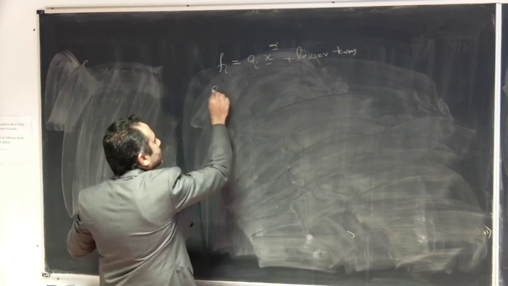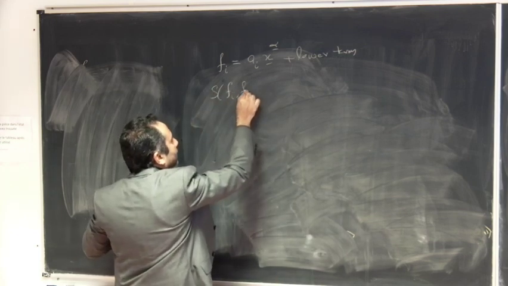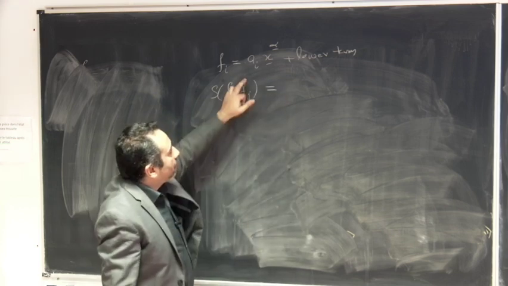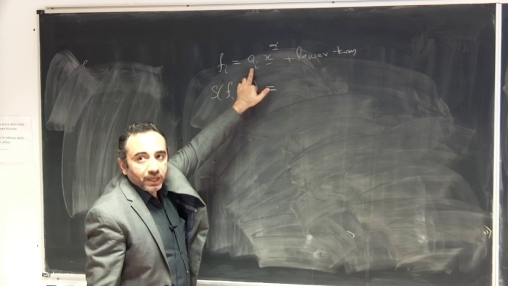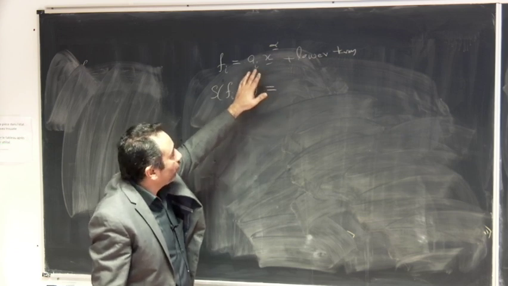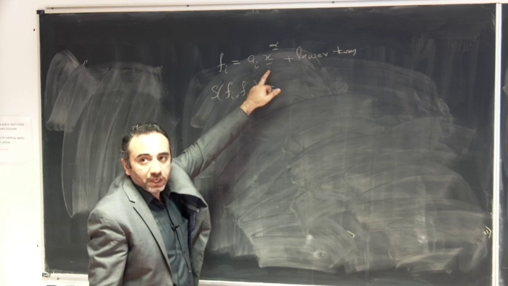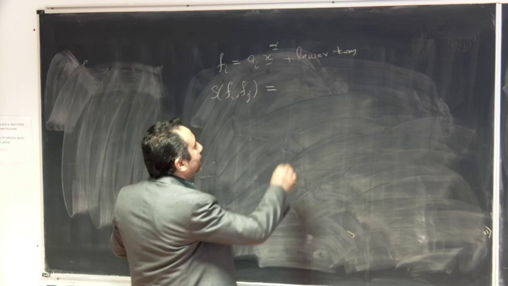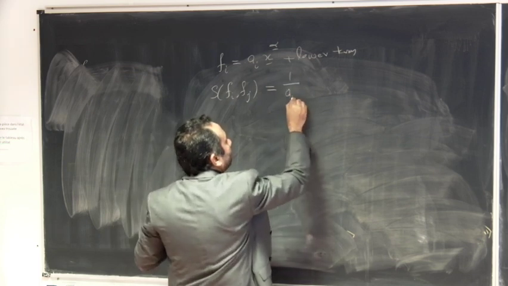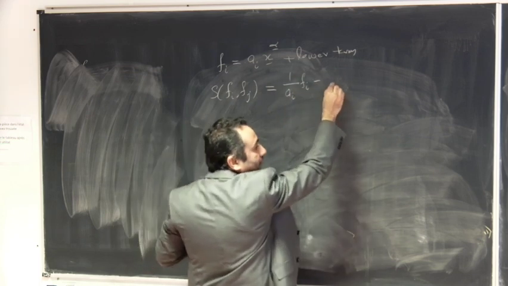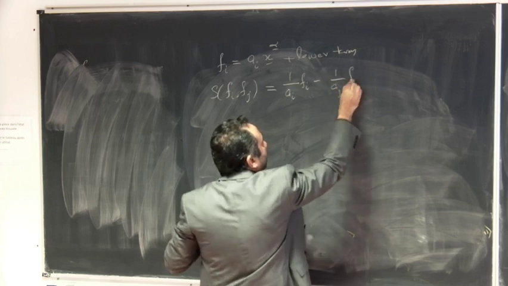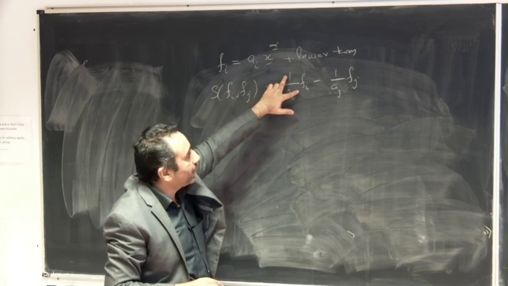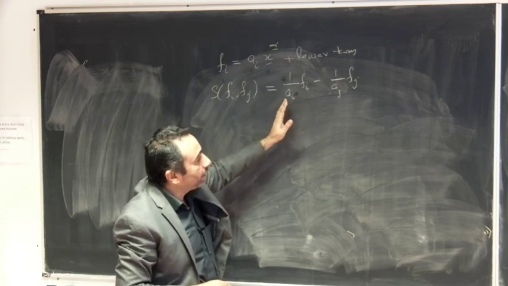So we define this S(Fi, Fj) to be, in this case, since we have the same LCM for all polynomials because all polynomials have the same leading monomial, that's our assumption, this S polynomial is 1 over Ai times Fi minus 1 over Aj times Fj, because this LCM and this monomial are the same in this case. That's why we are getting this 1 over. So each S polynomial is of this form.